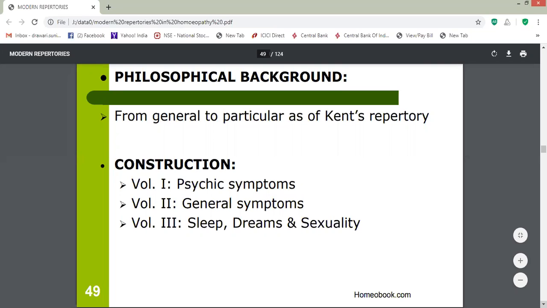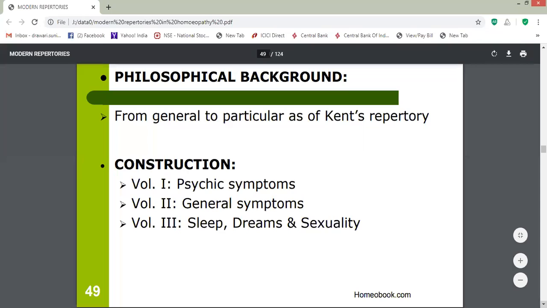As in Kent's repertory, in this repertory also, on each page we find two columns, and there is an asterisk or star-like marking over the title of the symptom, which refers to one of the 138 new collected rubrics of the index of volumes 2 and 1.